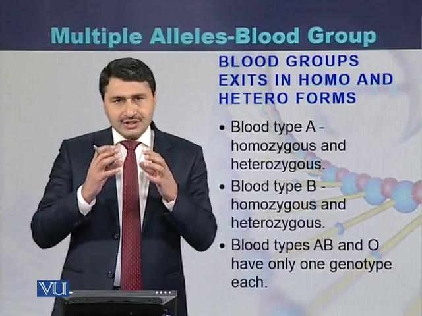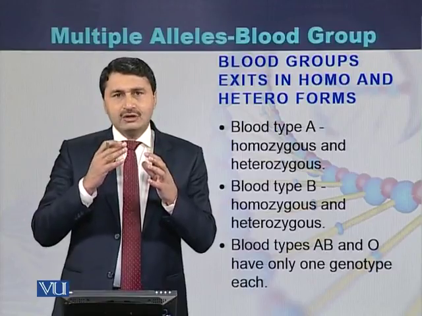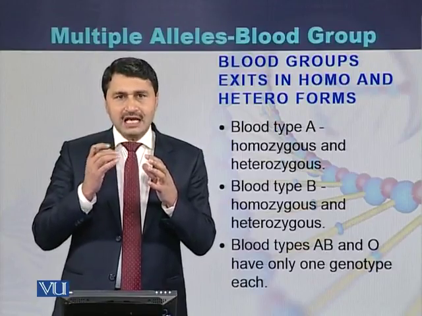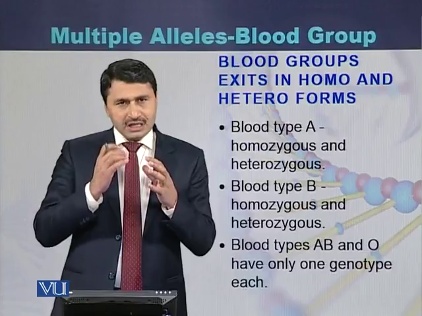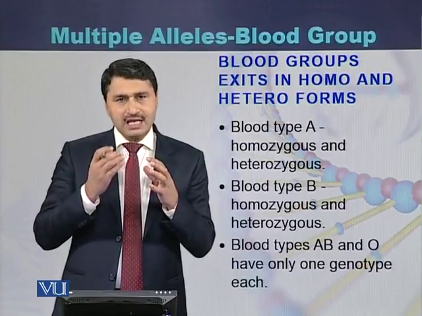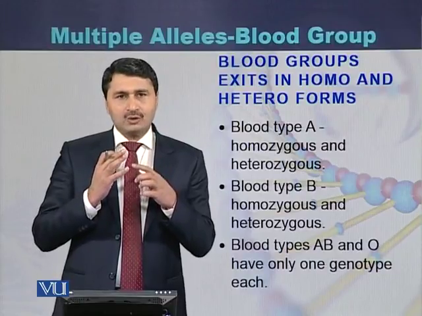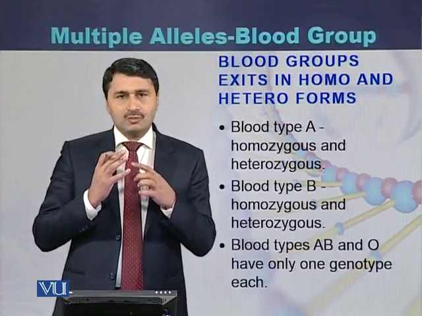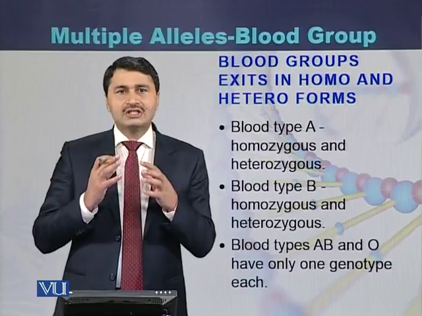Blood group A exists in two forms, homozygous and heterozygous. Blood group B also exists in two forms, homozygous and heterozygous. But blood group AB and blood group O have only a single genotype.